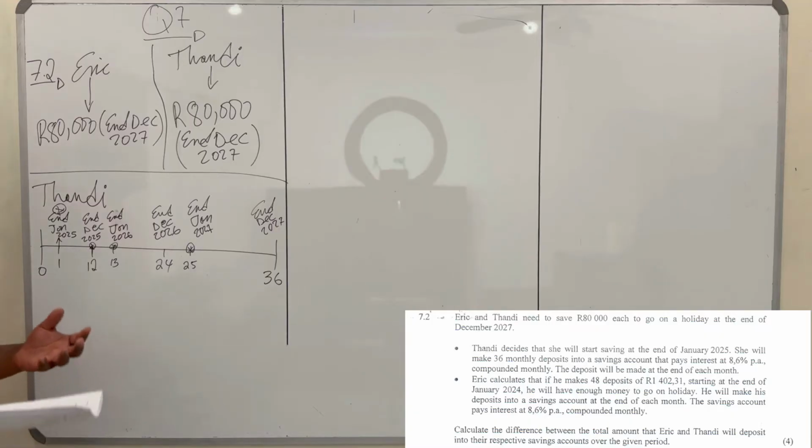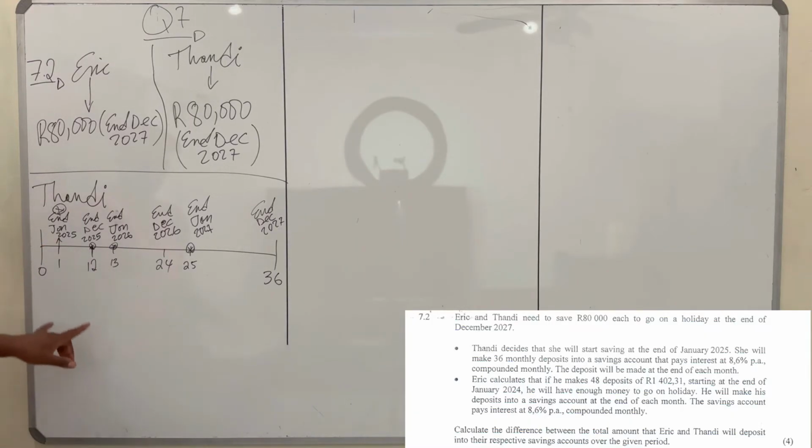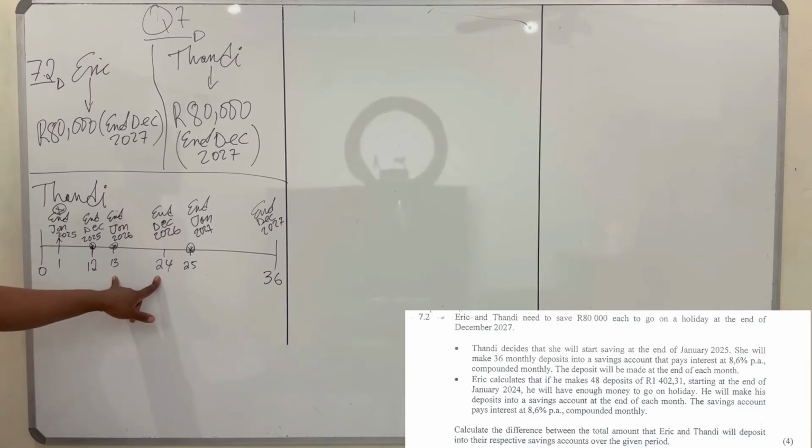And in 2025 in total, she will make 12 payments, because we have 12 months a year. So from January 2025 to here, she will make a total of 12 payments. That's why I have 12 there. And then on the other year, end of January 2026, she will be making a 13th payment. And that year as well, she will make a total of 12 payments, because this is a year.